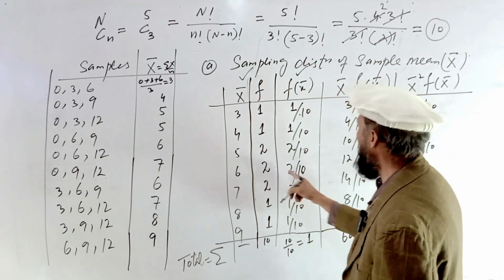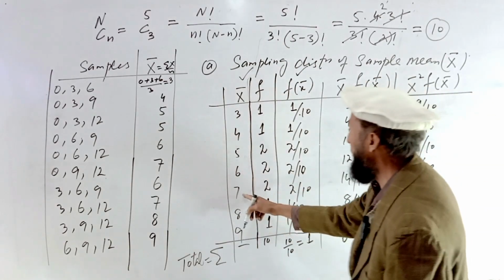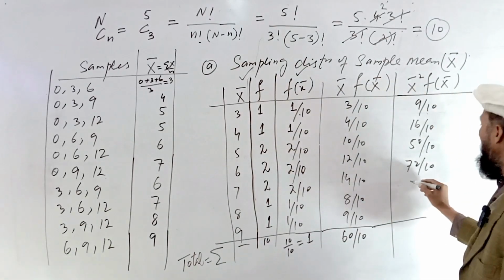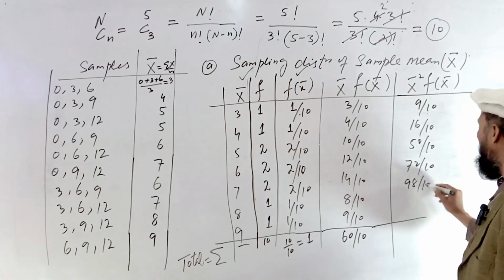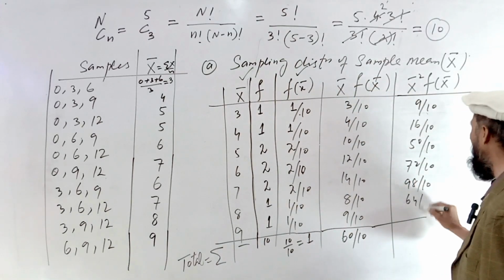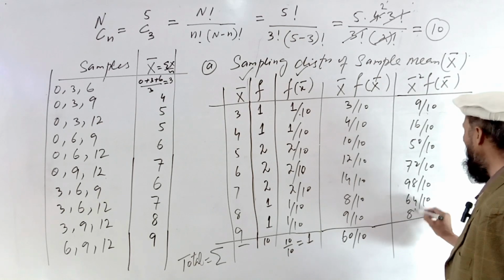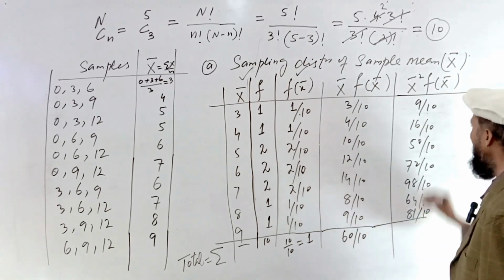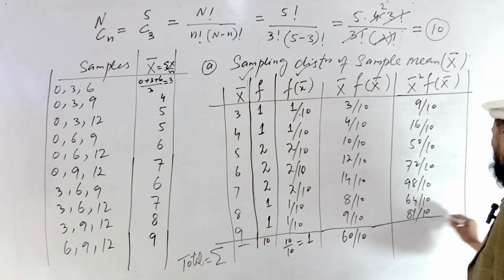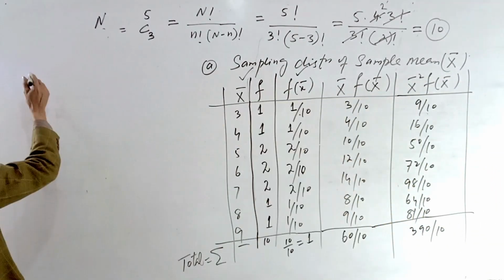Similarly, 36 multiplied by 2, 72 divided by 10, and 49 multiplied by 2, 98 divided by 10, and 64 multiplied by 1, 64 divided by 10, 81 multiplied by 1, 81 divided by 10. Then we add this column for the variance.